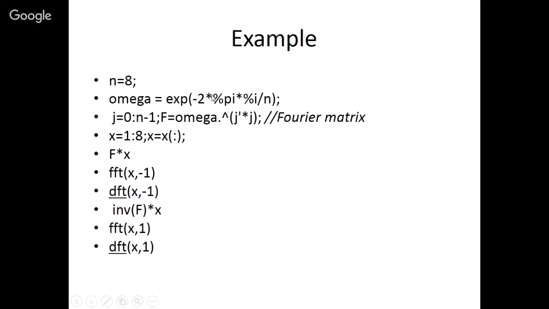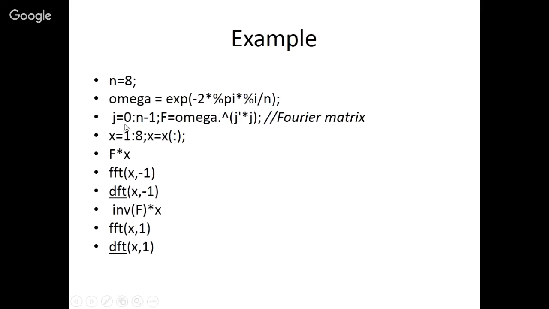Then omega you can take anything, 2π/fn, -2π/fn, whatever you want. Then you calculate x into -1, and then we take the DFT x -1. That means first we find the FFT and DFT, and finally we find the IDFT, and we check how it comes out.